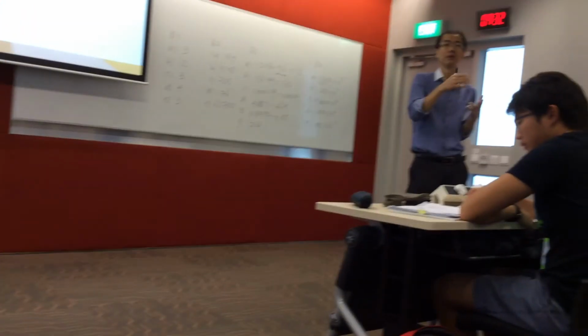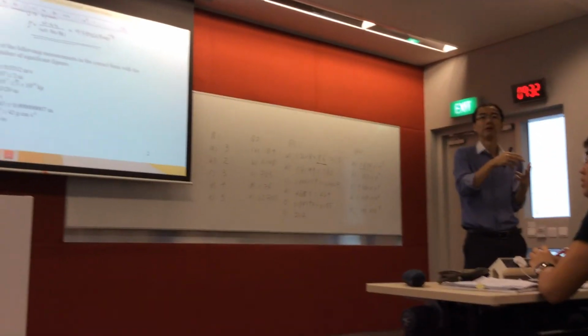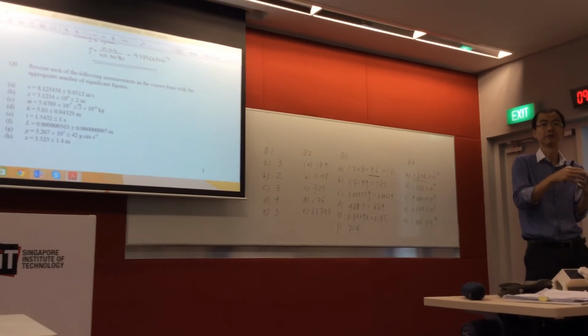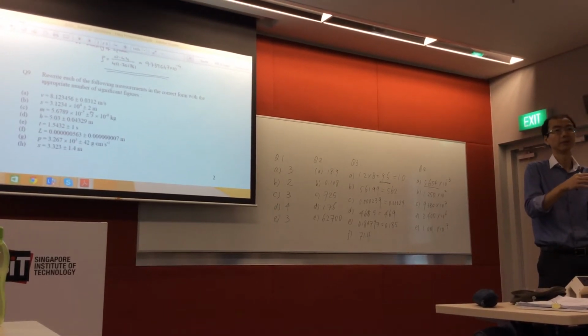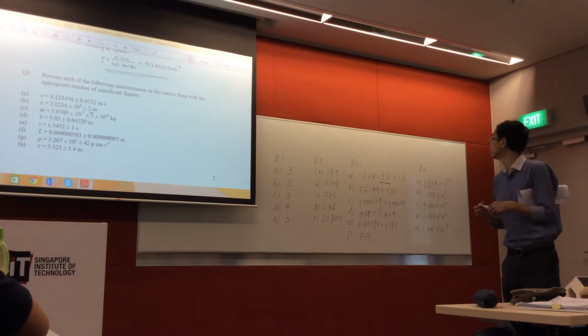Rule number 2 is if it's multiplication and division, you need to look at the number of significant figures, and the result needs to follow the minimum number of significant figures.